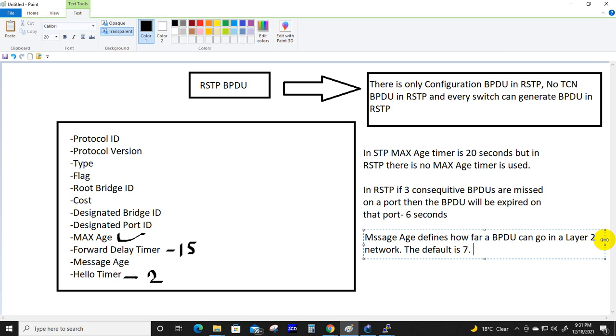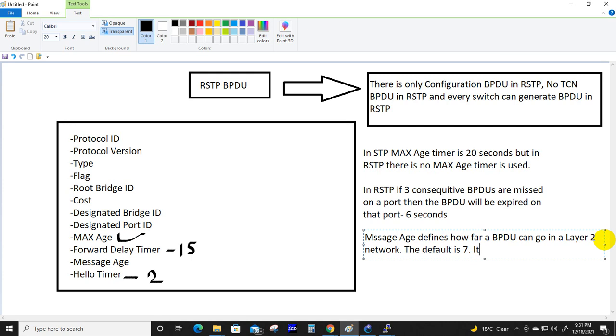Message age is similar to the TTL field in the IP header, if we consider their function. It defines how far a BPDU can go in a layer 2 network. The default is 7. I'll explain it to you.